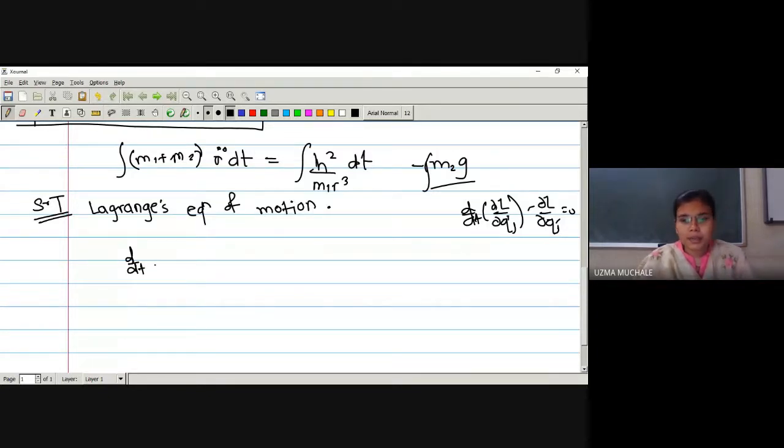So that Lagrange's equations of motion can be written as d by dt of dou T by dou qj dot minus dou T by dou qj equal to Qj. This is our original equation.